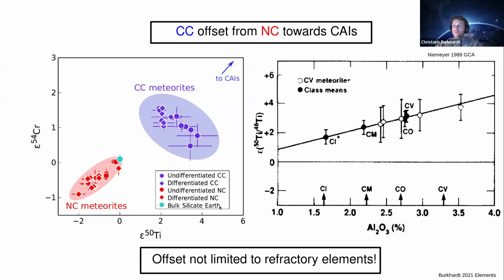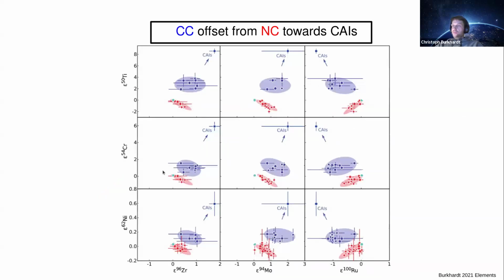So this offset is not really limited to refractory elements, and this is an important observation. For example, with chromium or nickel versus zirconium, molybdenum, or ruthenium, we always see this offset of the CC bodies from the NC towards the composition of CAIs. And it's not only CAIs.